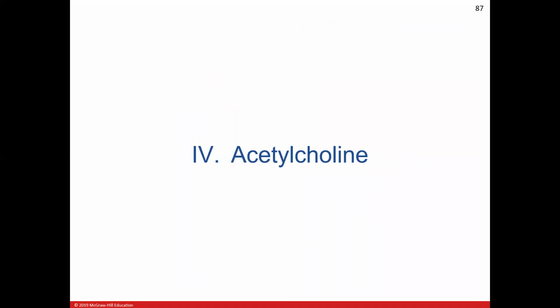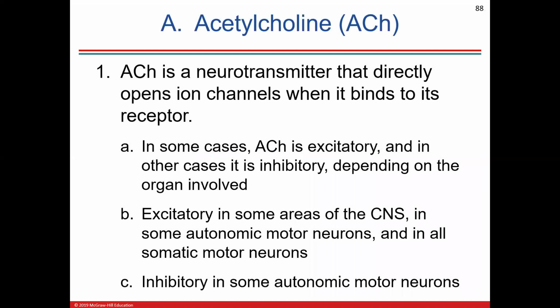Okay, so here are some neurotransmitters. It looks like we're going to talk about acetylcholine first because that's the most abundant neurotransmitter. And again, it's excitatory in the somatic nervous system. So it opens ion channels, but not always sodium channels, right?